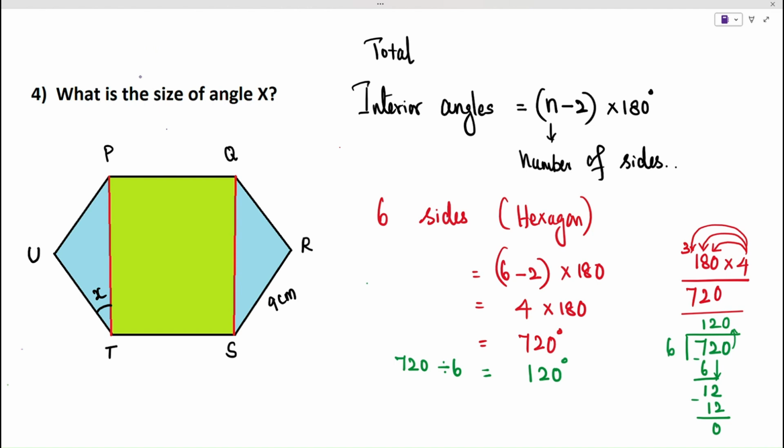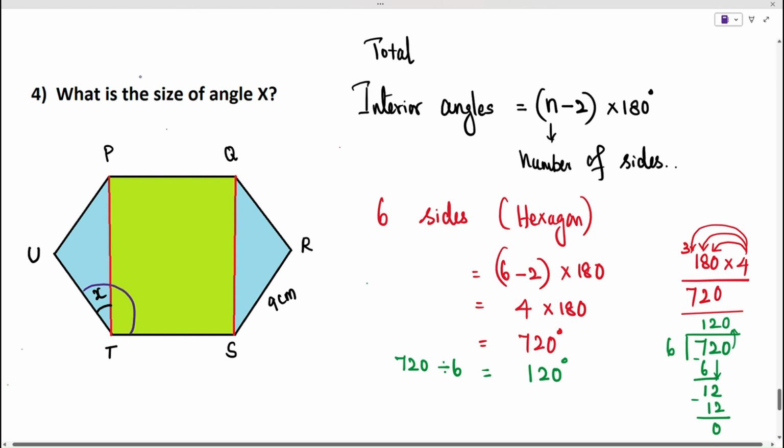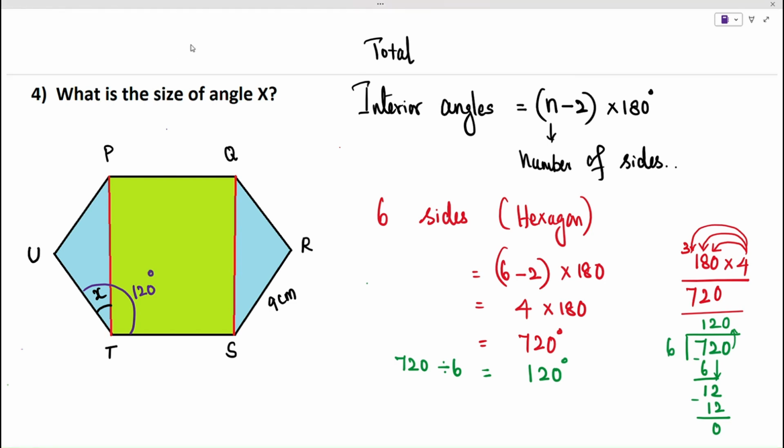So the size of the angle UTS, the total angle there would be 120. But we can also see how the question has separated off the section PQTS.